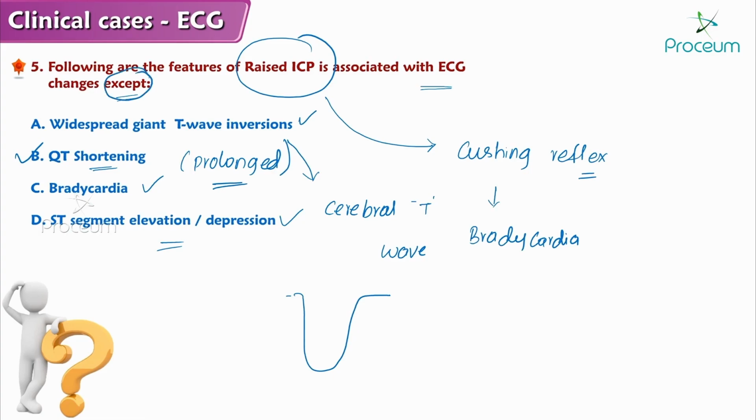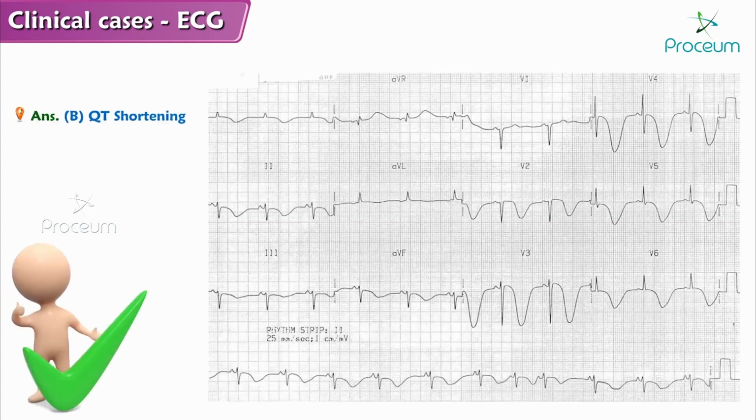Now let me show you the ECG of a patient with raised intracranial pressure. What would be the cause for raised intracranial pressure? For example, subarachnoid hemorrhage, cerebrovascular accident, or an intracranial space occupying lesion. In all these conditions, there will be raised intracranial pressure. So wherever you have raised intracranial pressure, please remember what the ECG changes will be: giant T wave inversion.